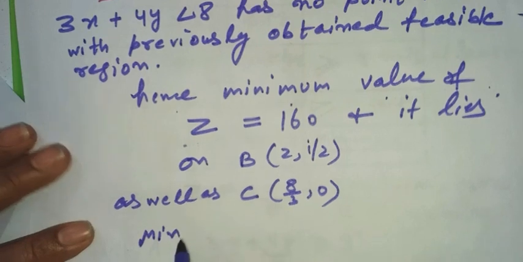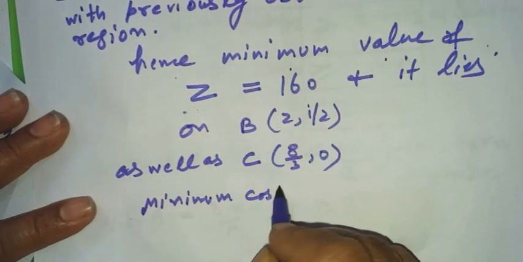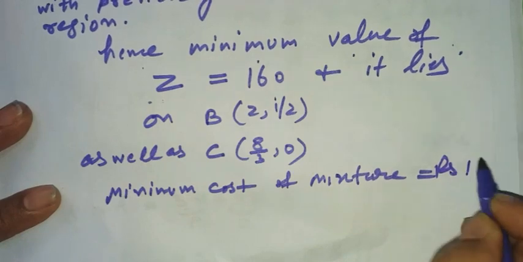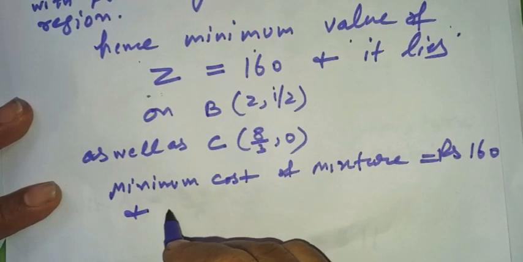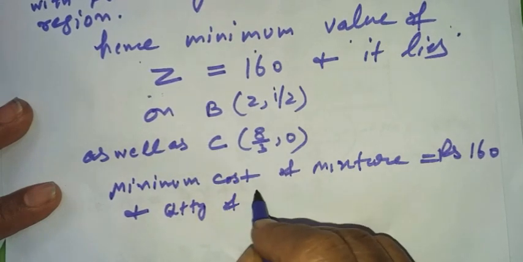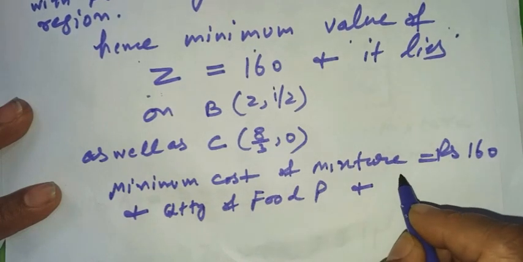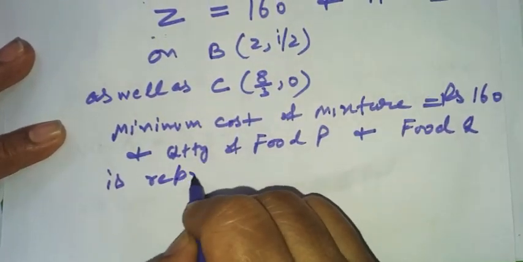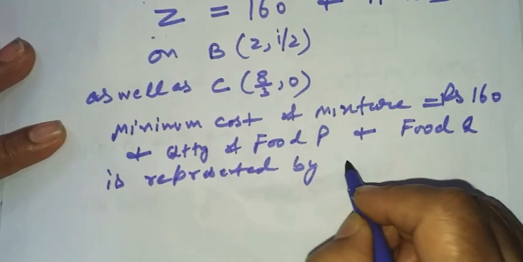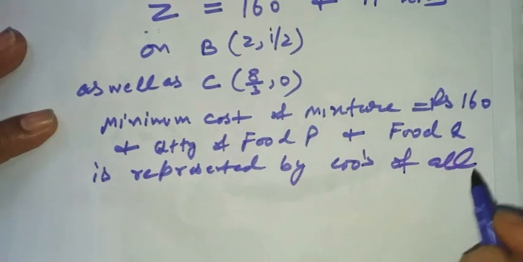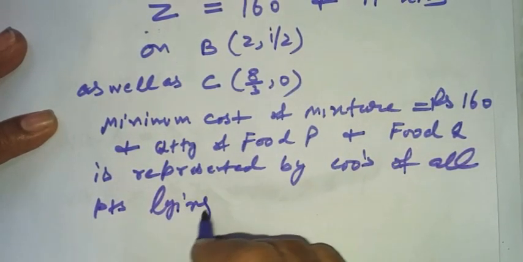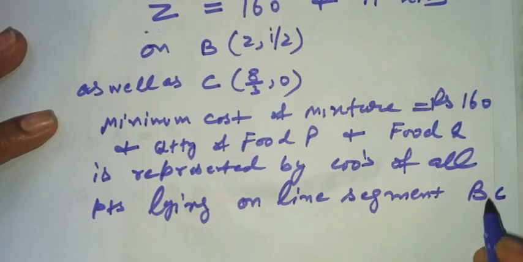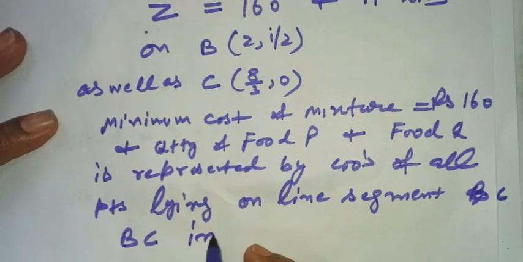So you can write that the minimum cost of the mixture is going to be rupees 160, and the quantity of food P and food Q is represented by the coordinates of all points lying on line segment BC in the graph.